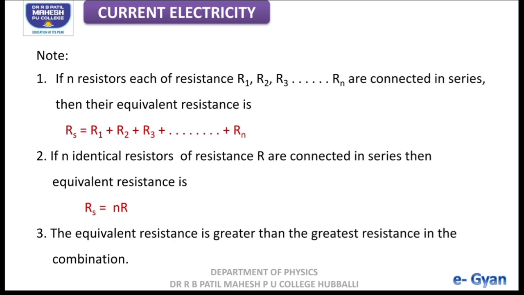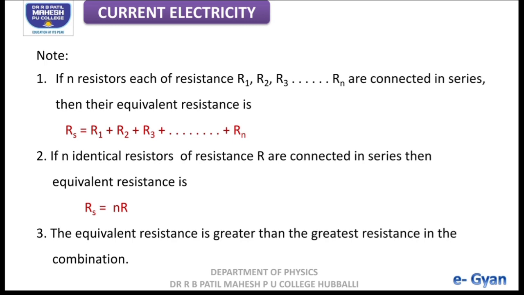These are the important points which have to be remembered. Let me highlight these points. Current through each resistor is the same. Potential across each resistor is different. Second point, if n resistors are connected in series, then Rs = R1 + R2 + R3 and so on up to Rn.